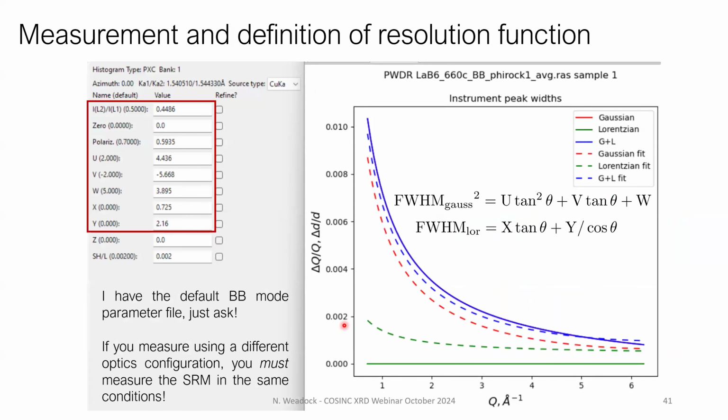Depending on the refinement software you use, just ask me for the file and I can give it to you. If you're using a non-standard configuration, you'll want to make sure to measure the broadening function yourself because it will change.